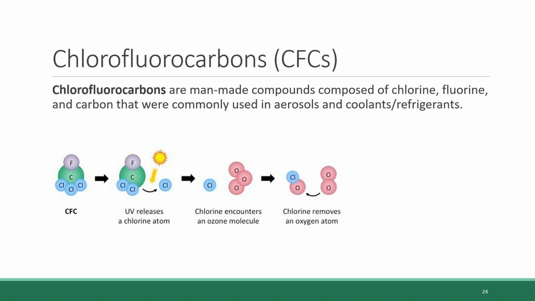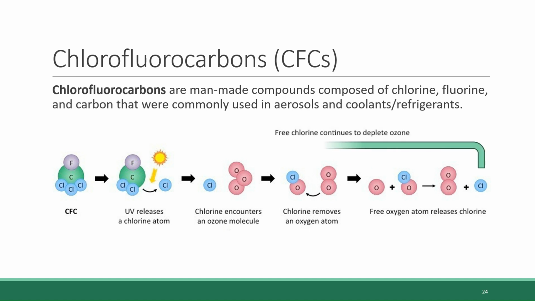But what's even worse is that the chlorine atom won't hold on to that oxygen atom. It will drop it off on a different free lone oxygen atom, which effectively creates another molecule of oxygen gas and also frees up the chlorine atom so that it can keep doing this process over and over again.